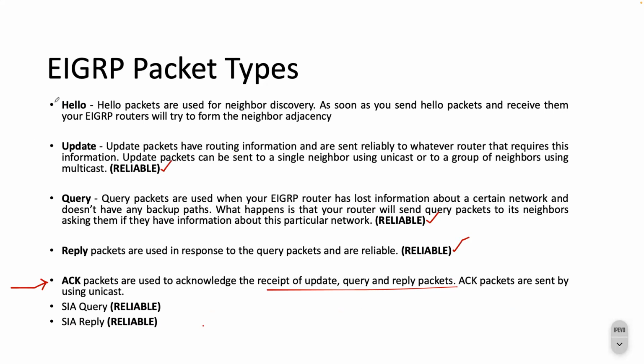So in all, we have 5 types of packets in EIGRP. Out of these 5, these 3 are reliable packets, and hello and acknowledgements are unreliable. Hello is sent while we are forming the neighborship, when we run the neighbor discovery command.